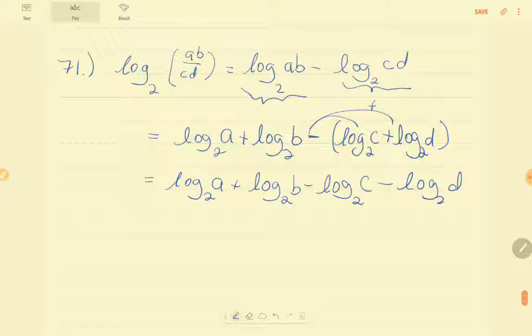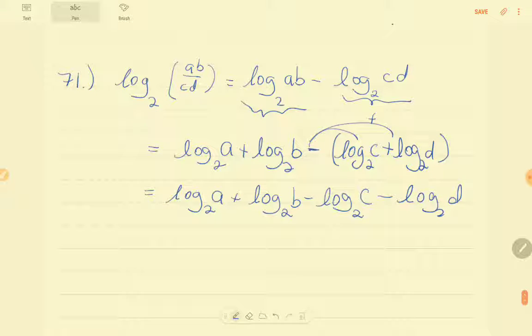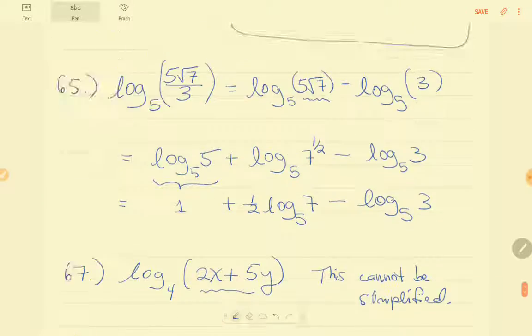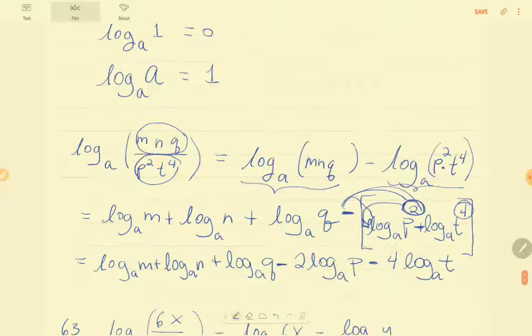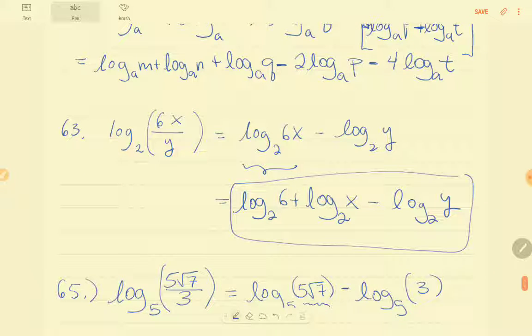I never told you what the directions were on problems like these, so maybe I should do that. The directions would be, use the properties of logarithms to rewrite each expression. So when you see these directions, this is what you're supposed to do.